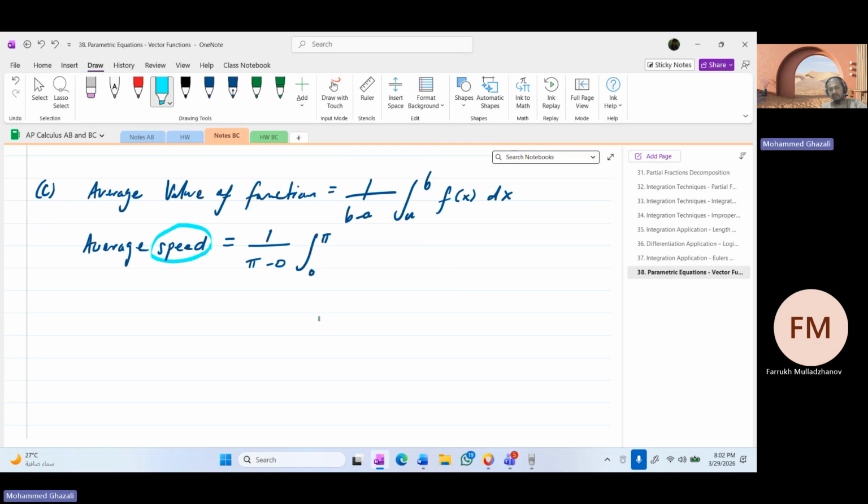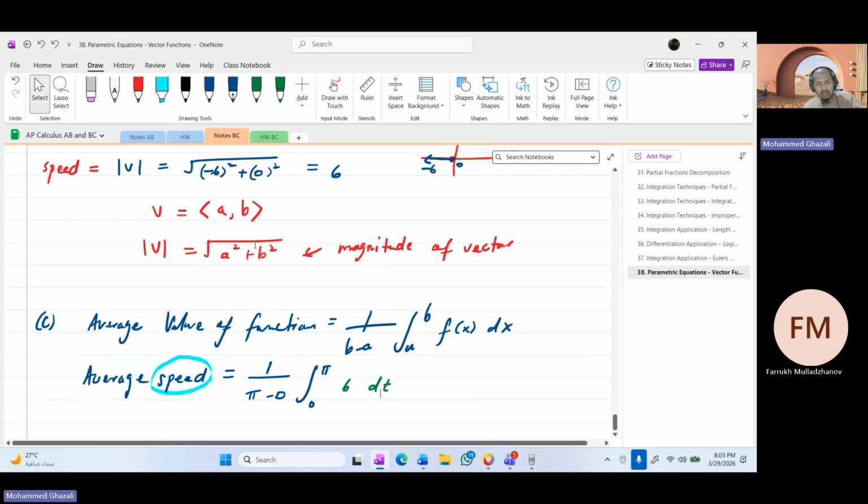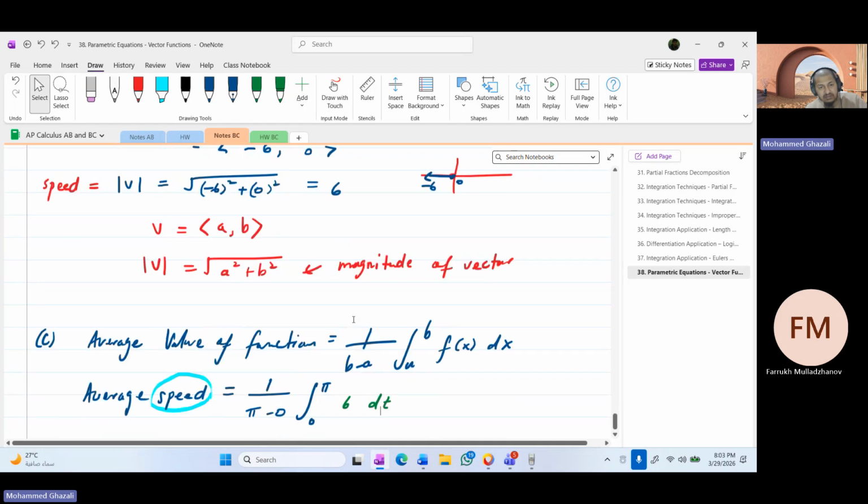Correct? So I think you need to integrate 6 dt. All right? Yeah, because that's the speed. And to find the average speed, that is the speed, which is 6. You want to find the average speed.